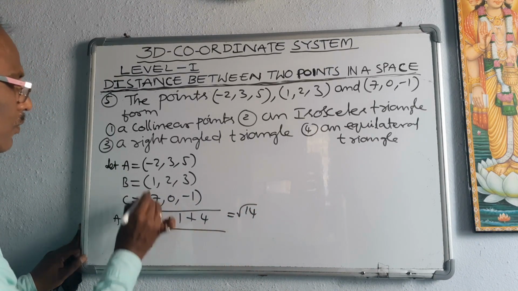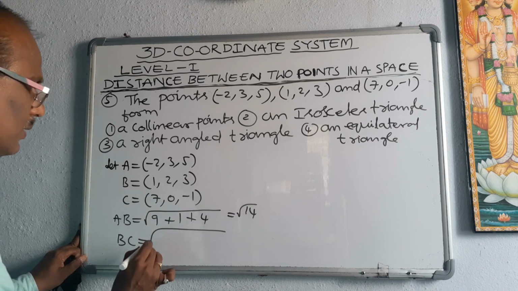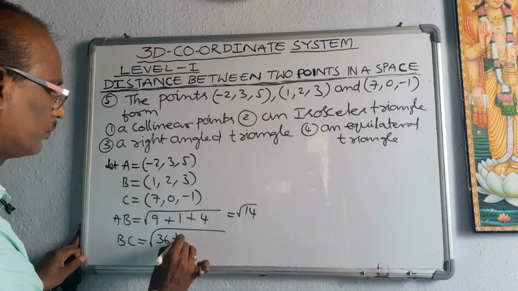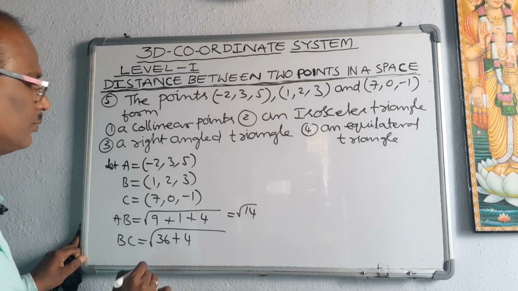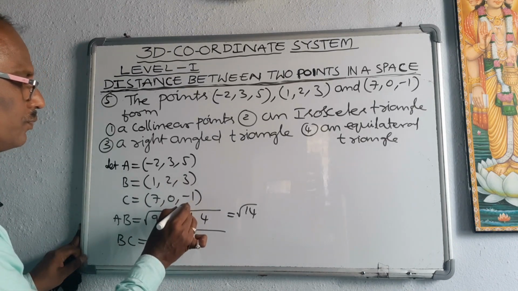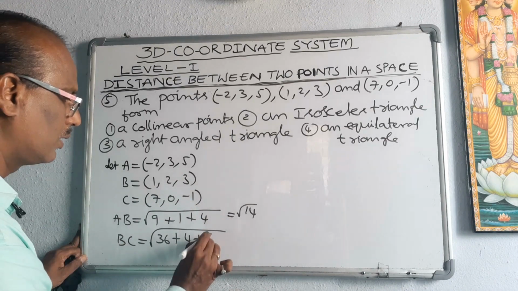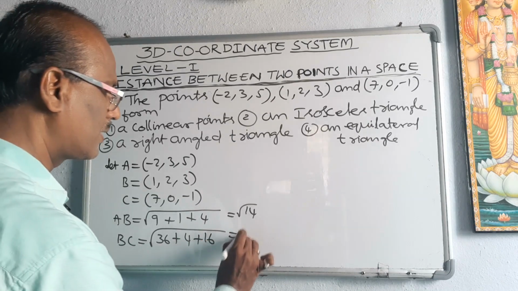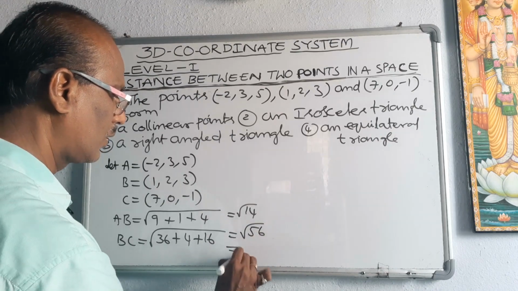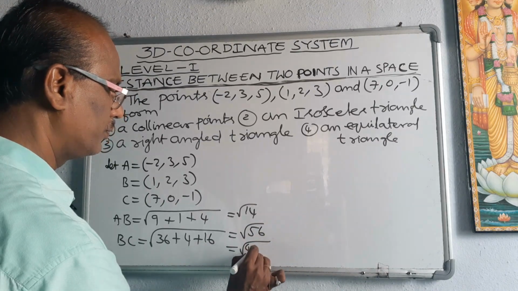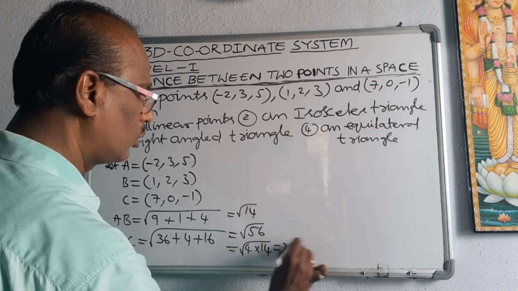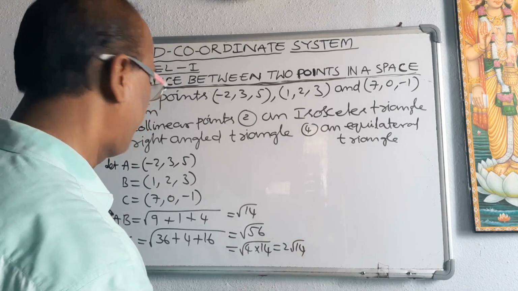BC length: 1 minus 7 is 6, 36, plus 2 minus 0 is 4, plus 3 plus 1 is 4, square 16. 16 plus 4 is 20, plus 36, root 56, which is 4 into 14, that equals 2 root 14.